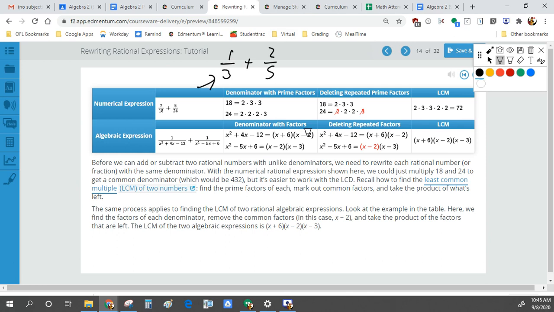We want to get these two to be the same. Well, when we're dealing with polynomials, what we do is we want to get these two the same. So in order to do that, we're going to factor it. And factoring it is going to lead us into stuff like this.